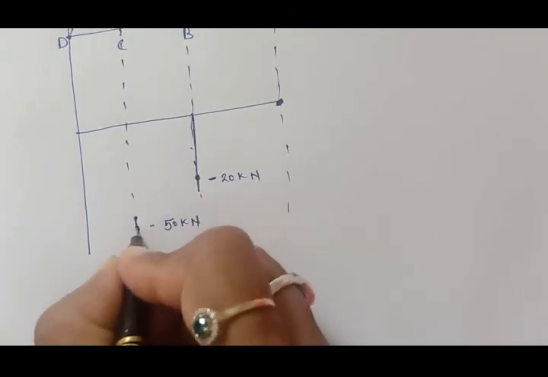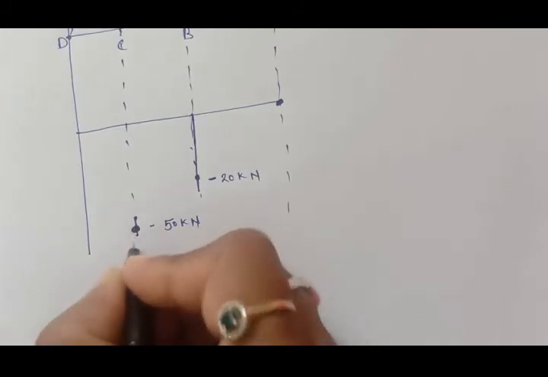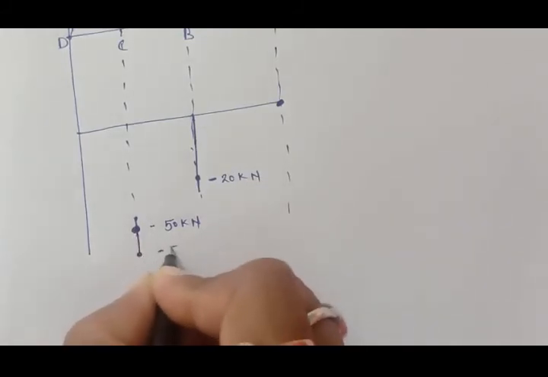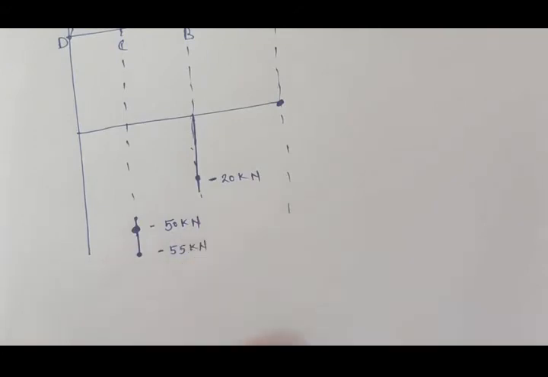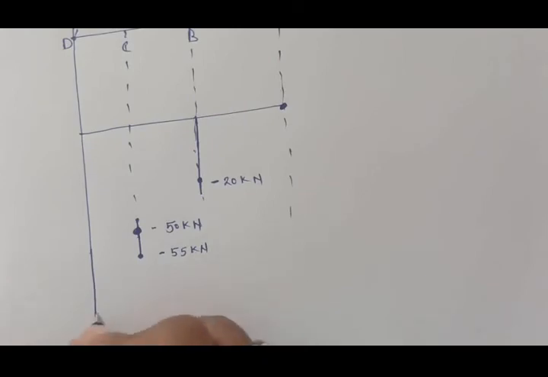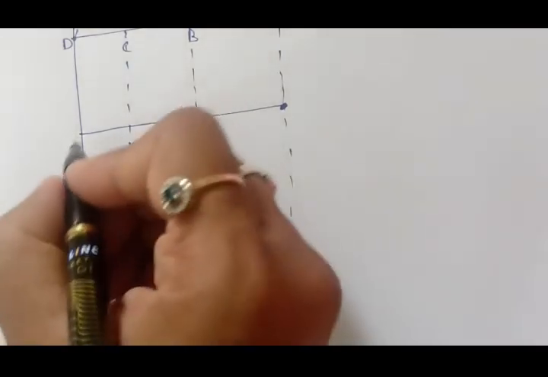Just before C it was minus 50, and at C it is minus 55. Then just before D it is minus 100, and then at D it is 0.